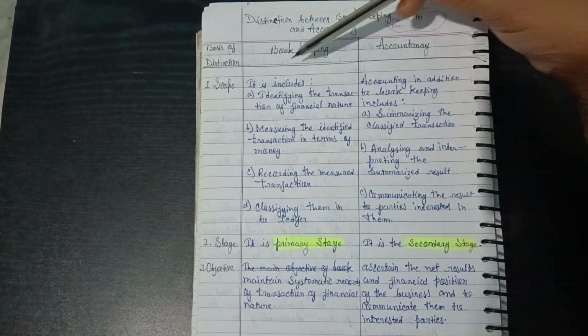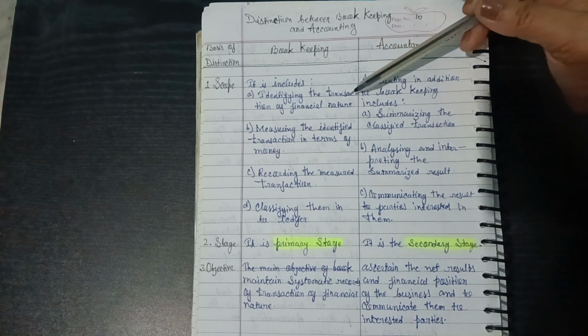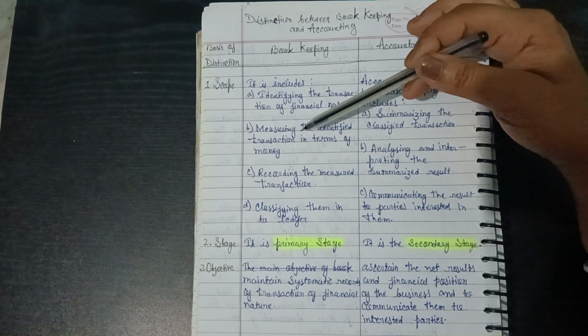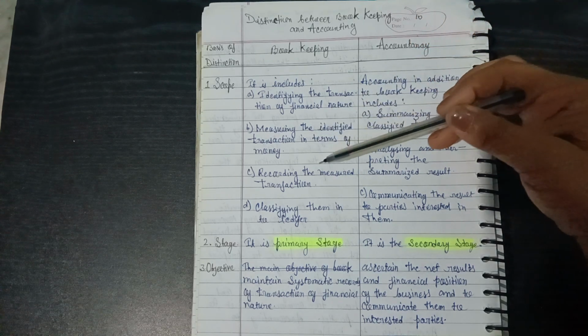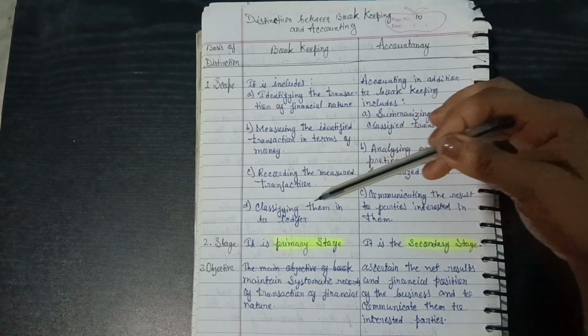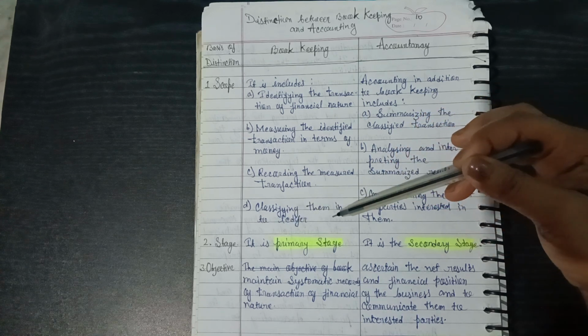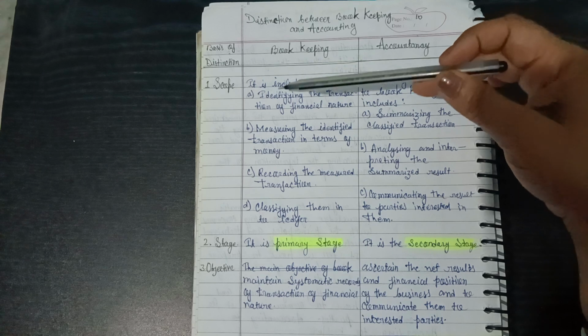Bookkeeping includes identifying the transactions of a financial nature, measuring the identified transactions in terms of money, recording the measured transactions and classifying them into ledger. This is also a function of bookkeeping and this is the scope.